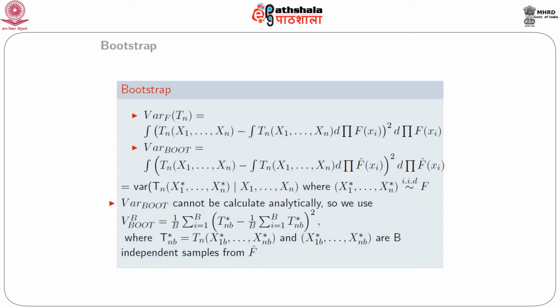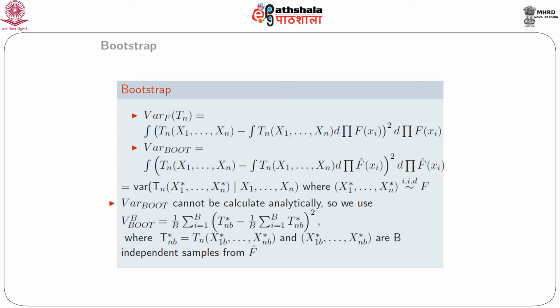Now, for the bootstrap variance, which we denote as V_boot, this becomes exactly the same thing, but this time the function F is replaced by F hat, which is an estimator of F, and we find it.